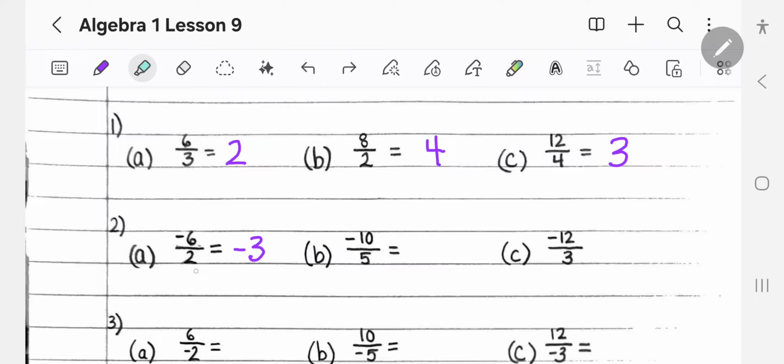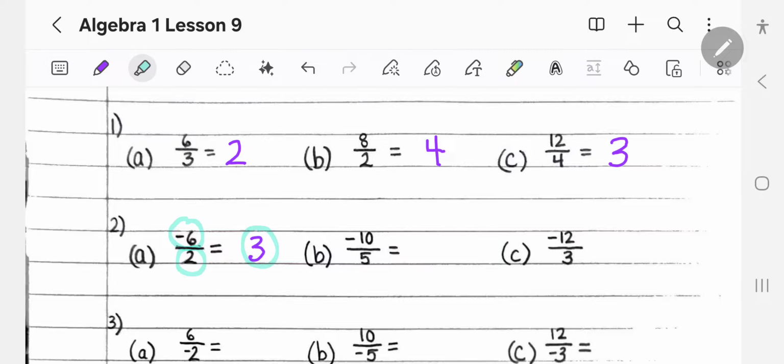Let's look at A in number 2 then. Whatever this number is times this number has to equal this number. So let's say I didn't know what the sign was going to be. And I said, well, I feel pretty sure it's going to be 3, right? But I don't know if it's positive or negative. Is positive 3 times positive 2 equal to negative 6?